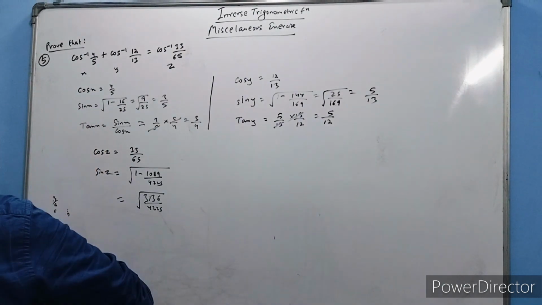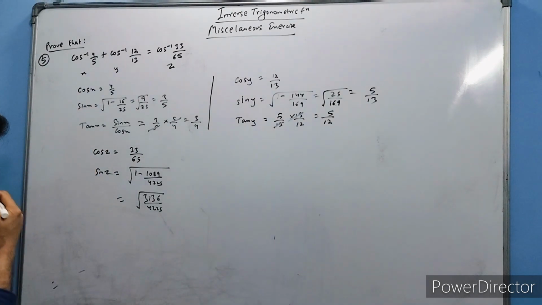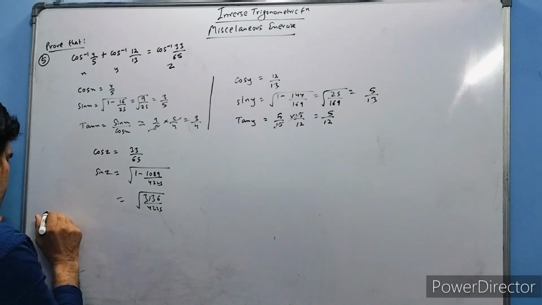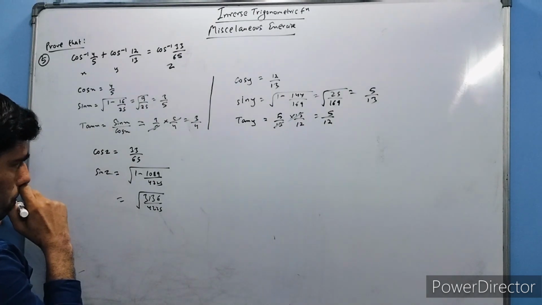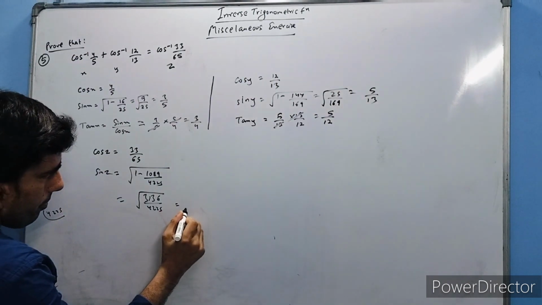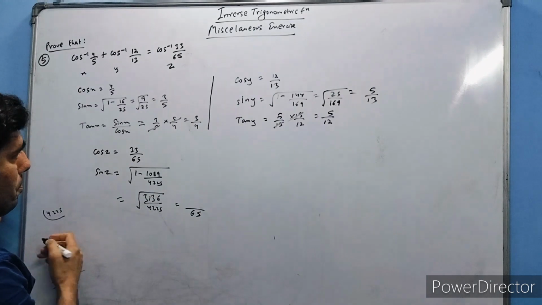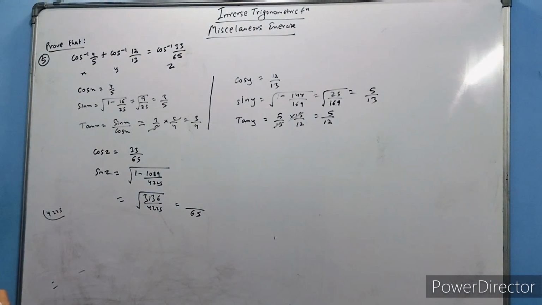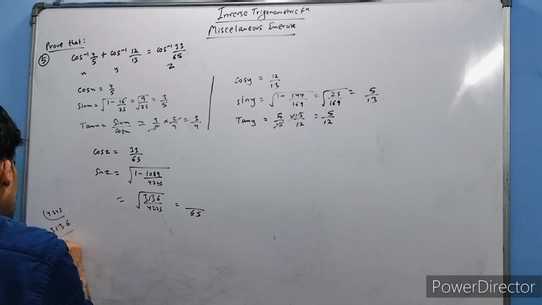A simple way, let us try to solve by taking factors. Well, 4225 will have, that is 65, and 3136. Okay, 3136, let us try to solve first.